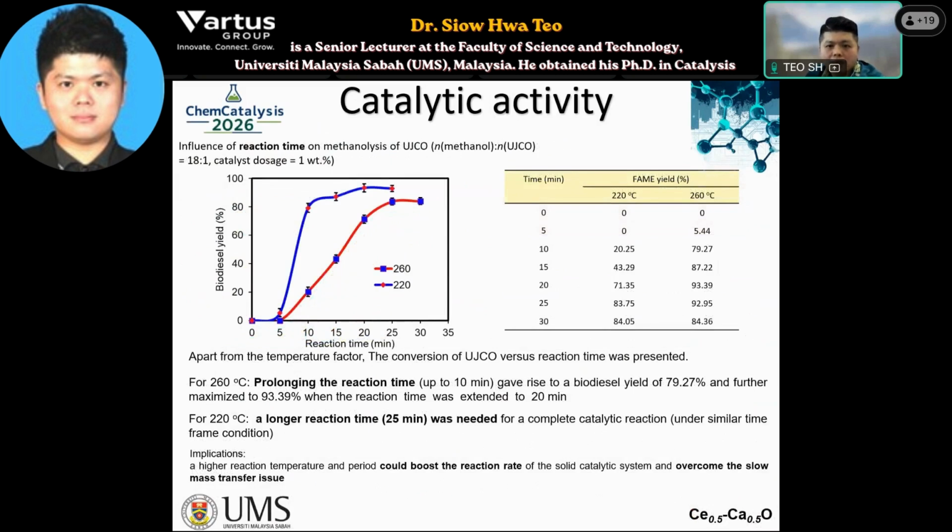We then investigated the effects of reaction time on biodiesel production using the same mixed oxide catalyst. As shown in the figures, the biodiesel yield increased rapidly with increased reaction time. At the same temperature, the biodiesel yield reached approximately 79% within only 10 minutes, demonstrating the effectiveness of the catalyst under near-critical methanol condition.